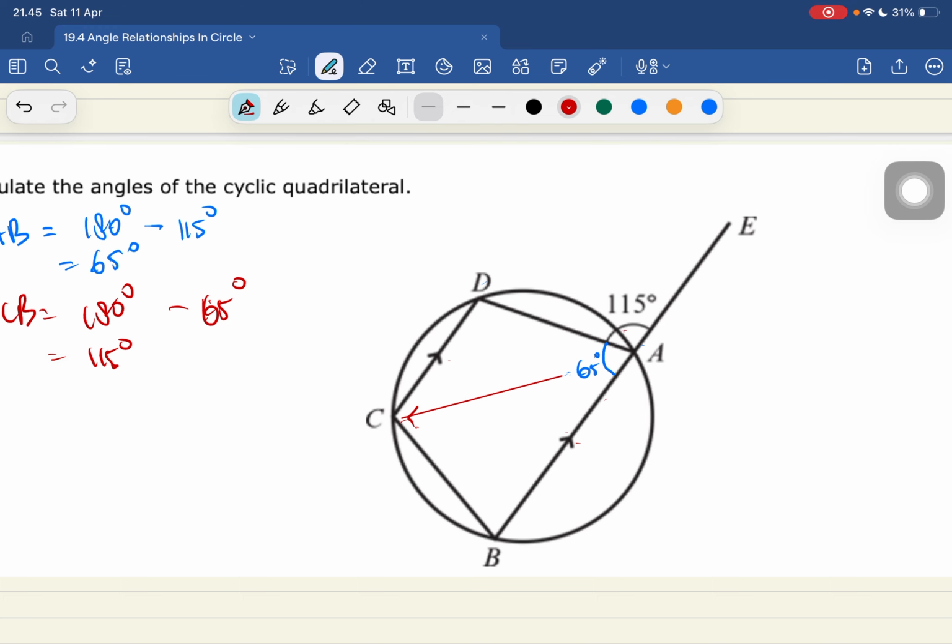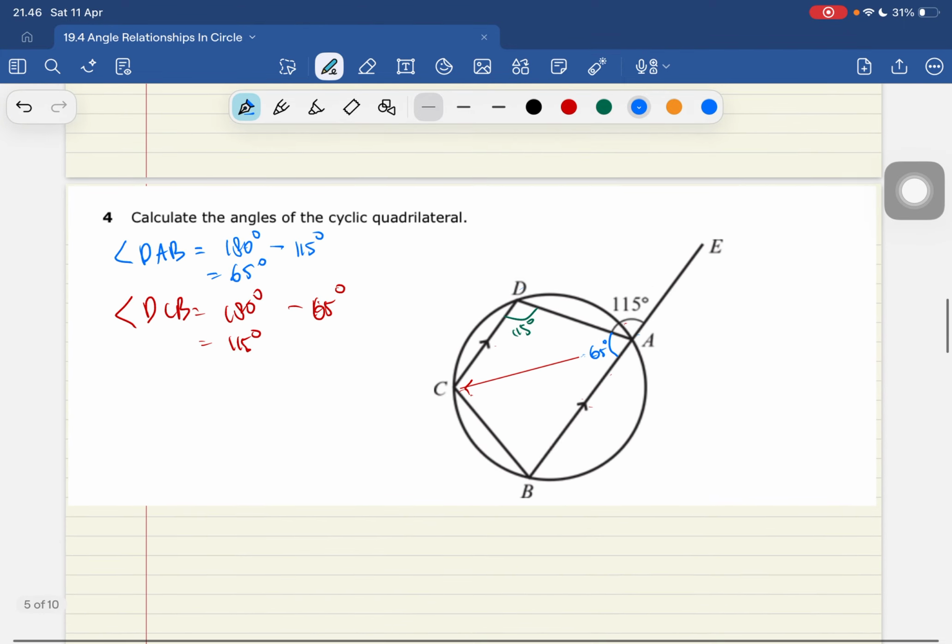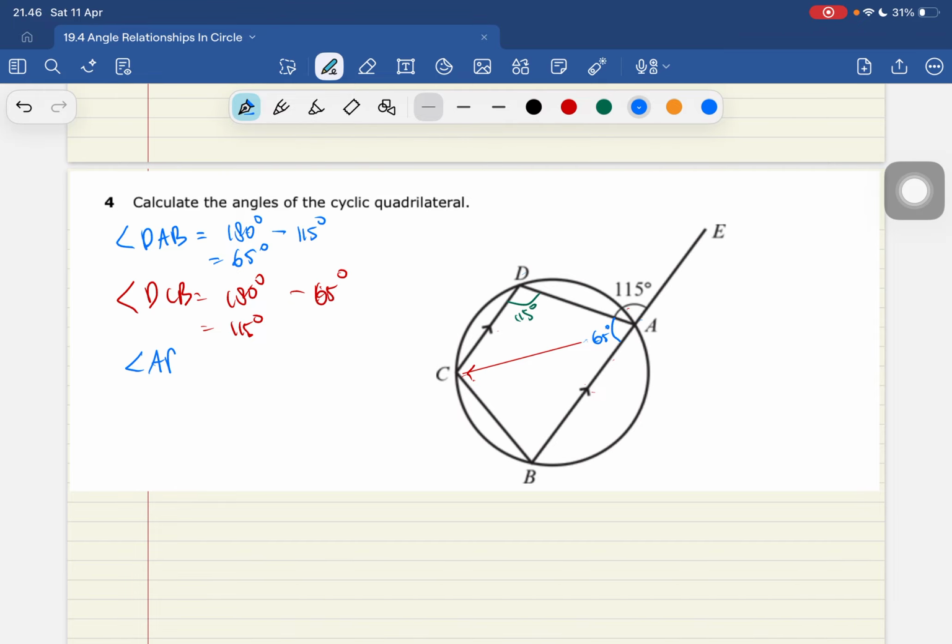So if this is 115, here is also 115 degrees, so ADC is 115 degrees. If this is 115 degrees, opposite of it is going to be 65, so angle ABC is going to be 65 degrees.